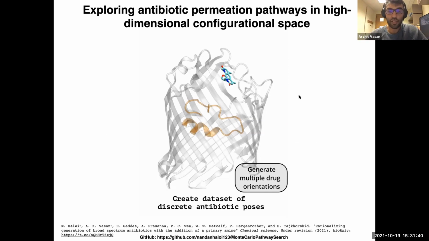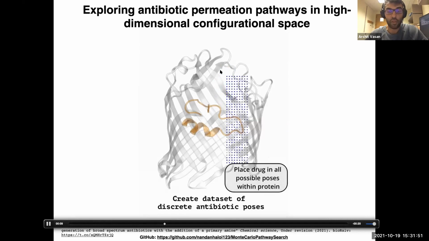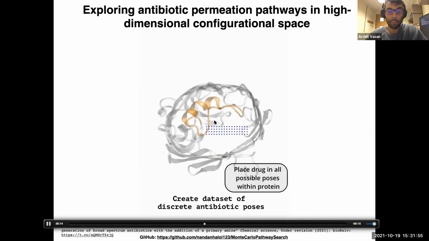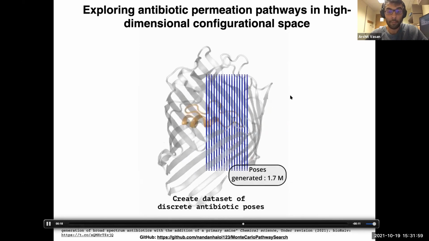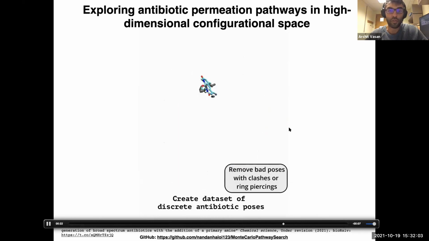And so to do this, what we do first is construct a series of poses of this drug. The way we're doing this is we're generating multiple orientations of the drug within this porin, and then replacing it in different grid points along the pore. And from doing this, we generate about 2 million poses.